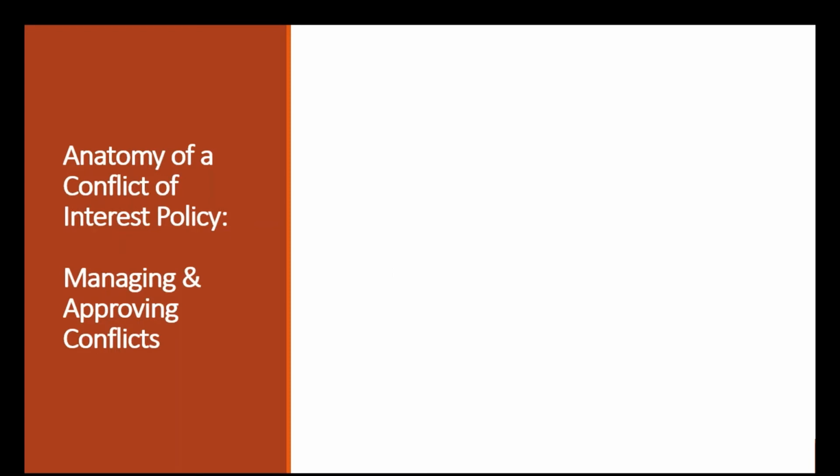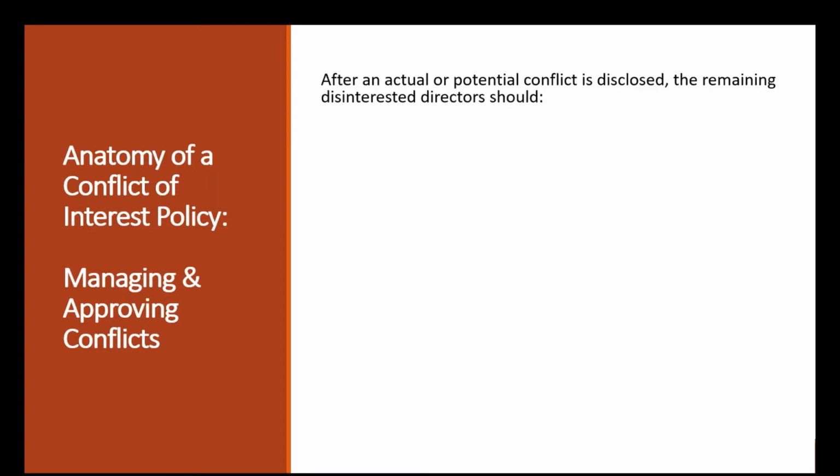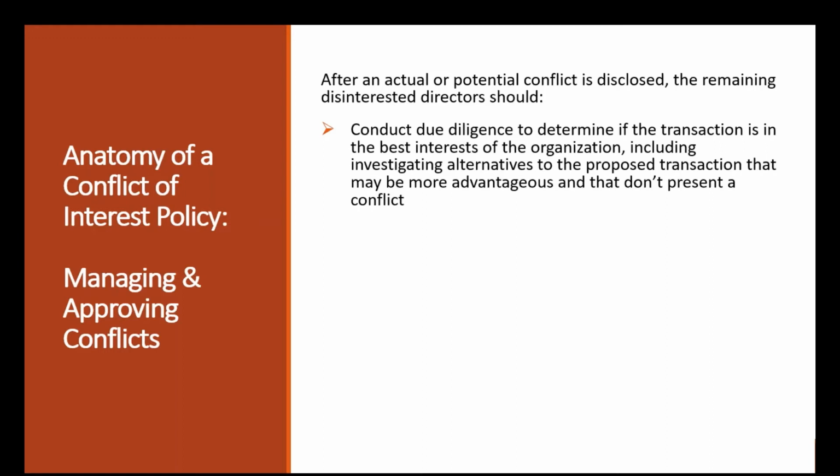After disclosure, we have to manage and approve the transaction in light of the disclosure. The remaining, what we call disinterested directors, should then conduct due diligence to determine if the transaction is still in the best interest of the organization, and they should look into alternatives to the proposed transaction that may be more advantageous and that don't present a conflict.